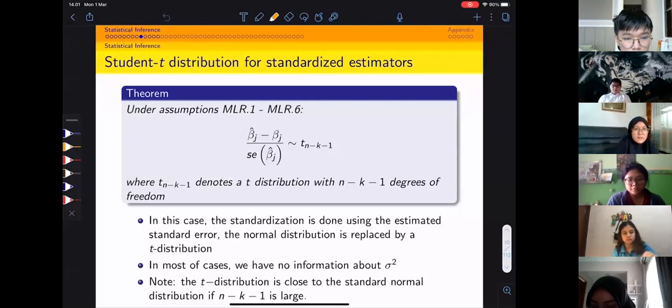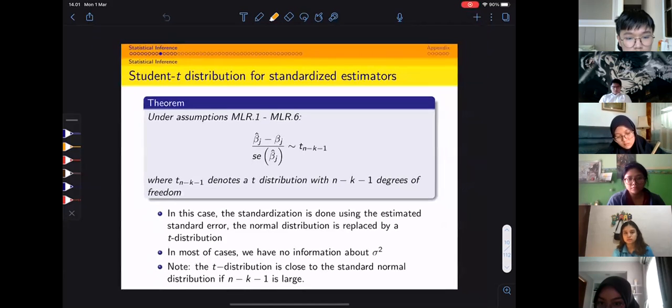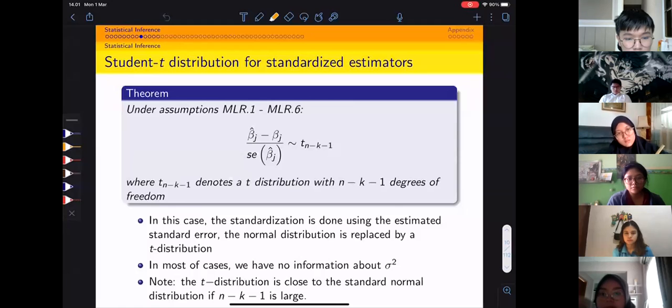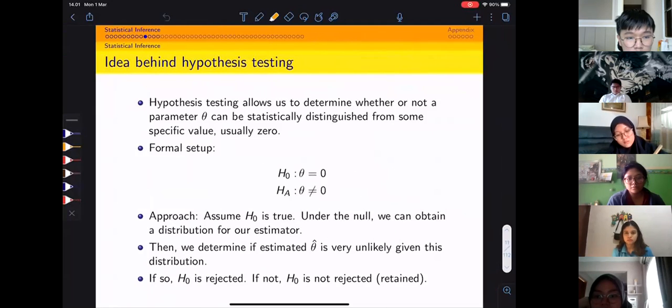I'm pretty sure they already discussed these cases, so you'll be able to go through it and do some recall. If there are no other questions, I'm going to go to the next slide and talk about the idea behind hypothesis testing.